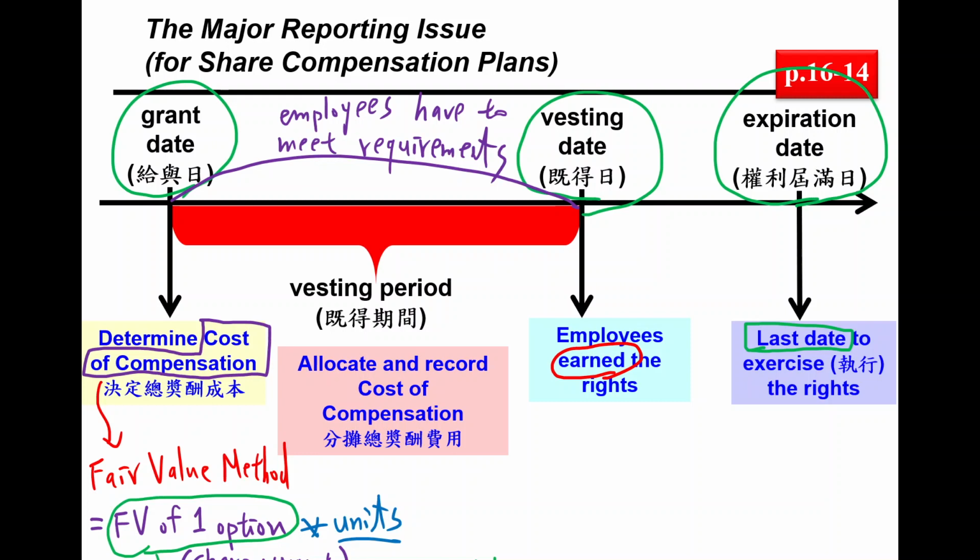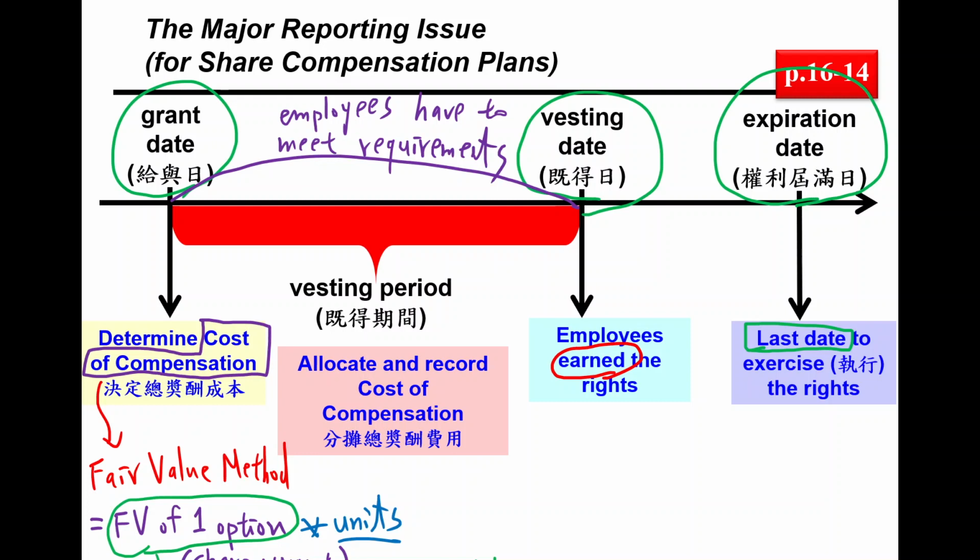Because during the vesting period, you ask employees to do something. Because of this, you promise to give them the right. So the reason for the cost is the vesting period. You have some requirements for employees, and after they meet these requirements, they earn the right. So any cost of compensation is incurred because of the vesting period.